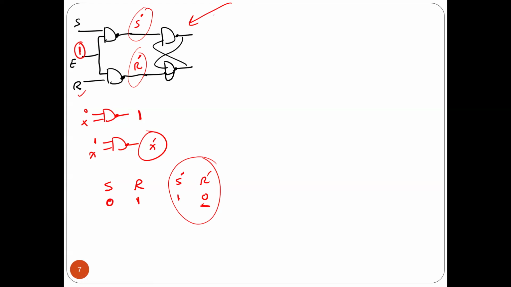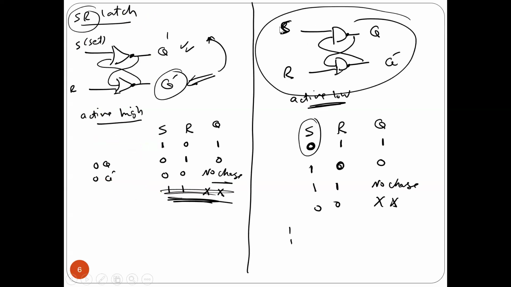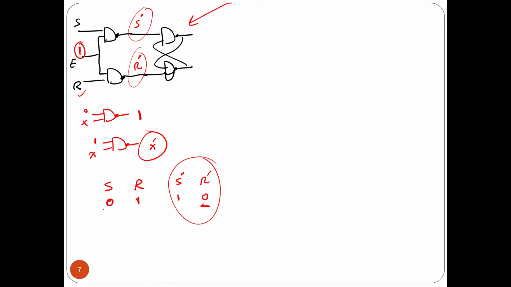But when I input the primes, it becomes active high. As you see, when I input 0, 1, it becomes 1, 0. Because this part is active low but everything is active high, this one is going to make a reset. Q should equal 0. So if you just look at R and Q, you can see it becomes active high.